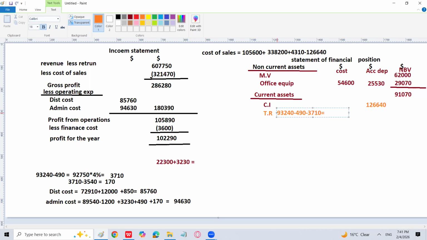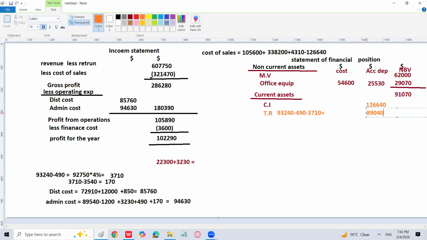We'll subtract total provision, not the provision increase. Increase in provision is written under the heading of expenses, and decrease in provision is subtracted from expenses or added in gross profit. But in the statement of financial position, we subtract total provision from the trade receivables under current assets. That is minus 3710. 89040.